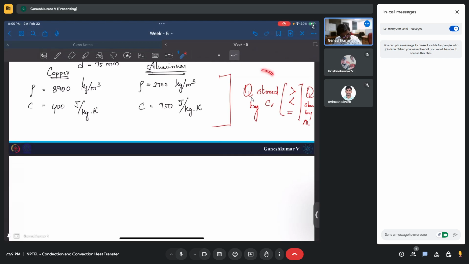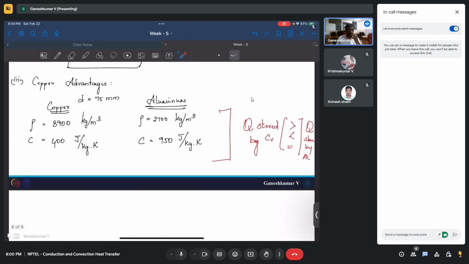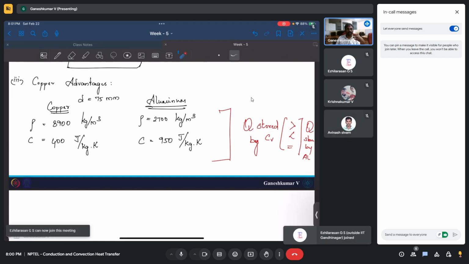So for a thermal energy storage system, what is the advantage? We want to increase the storage capacity of the system, and here the storage is done based on having these spherical balls. So if you increase the storage capacity of one ball, you can essentially improve the heat capacity of the entire storage system. Okay, that is what this means.